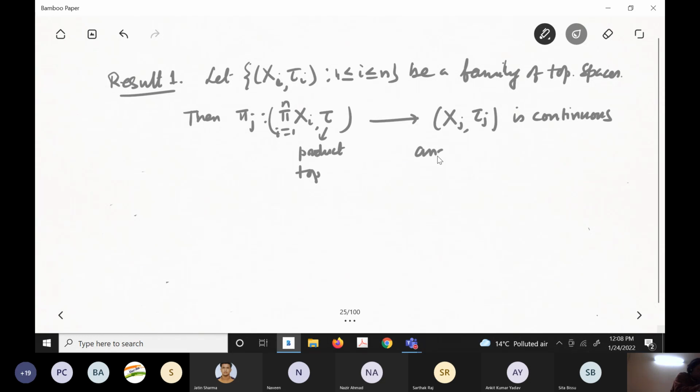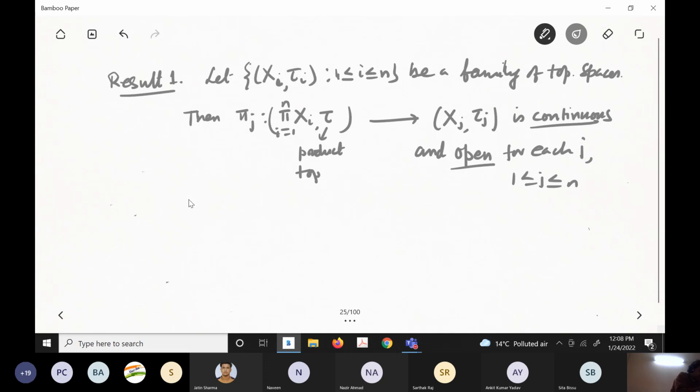And this is a good thing, and open, for each j. This you have to know, continuous and open. Well, you have to show the inverse image of an open set is open.